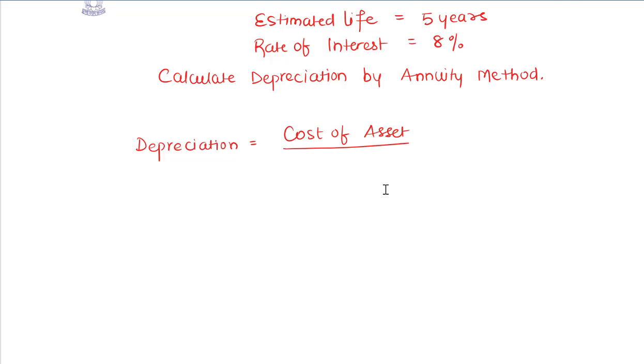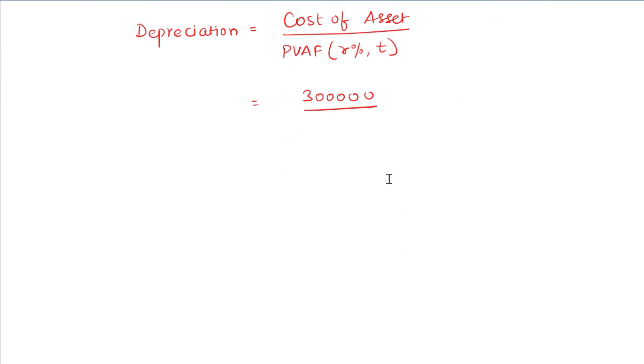Over here the cost of asset is 3 lakh. PVAF rate percentage is 8% and time is 5 years. So 3 lakh divided by, we have to calculate it using a calculator.